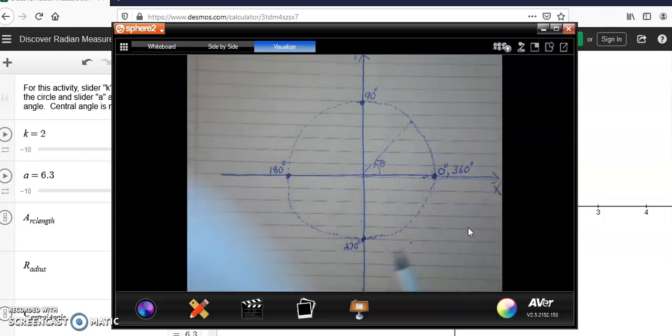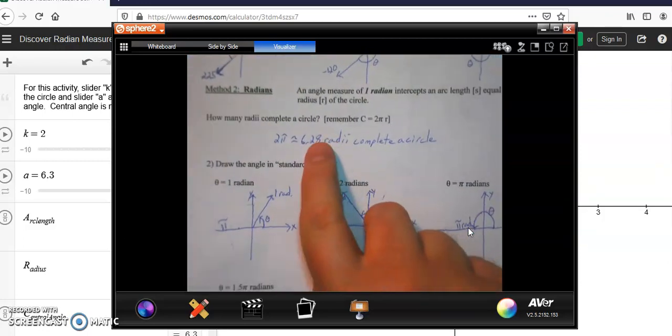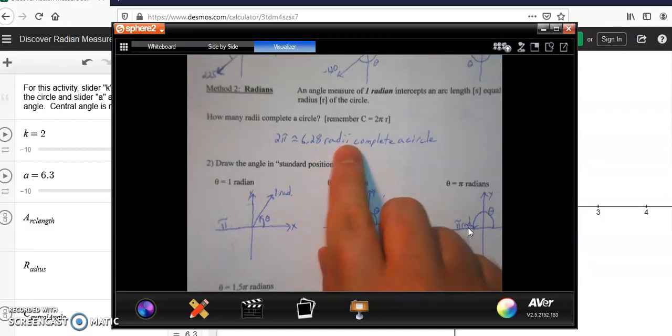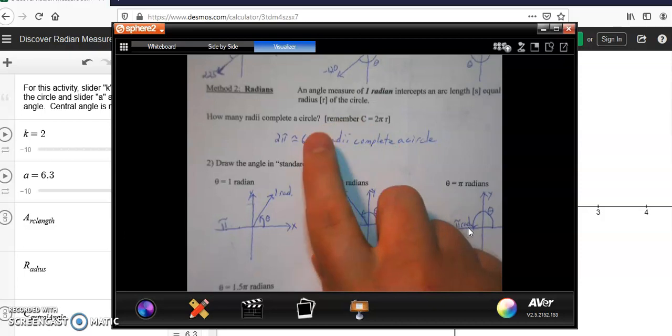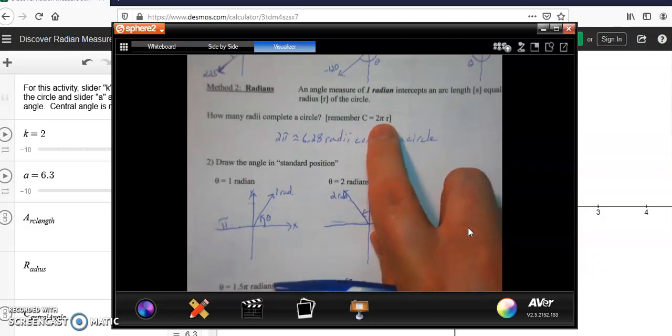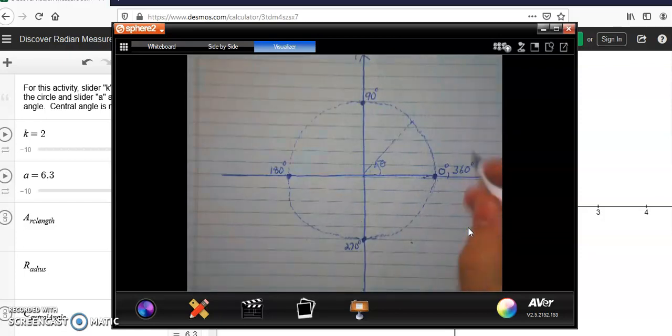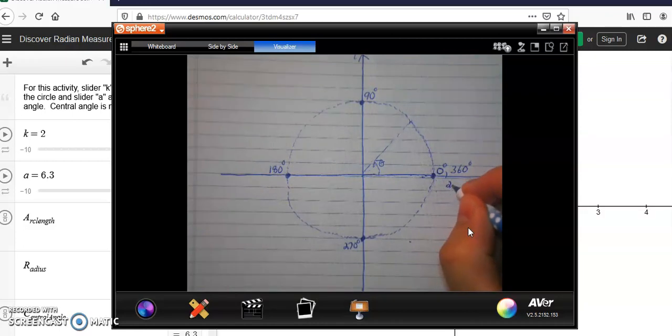So there are 6.28 radii on the circle, because 2 pi r, if r is 1, then there are 6.28 radii on the circle. So whatever r is, actually, there's going to be 2 pi of them on the circle. So all the way around is 2 pi radians.